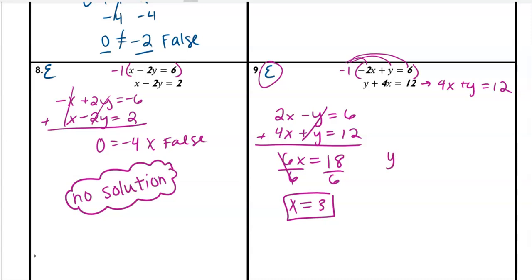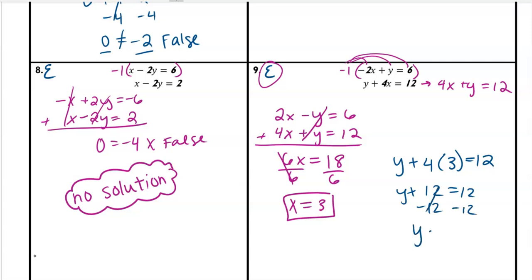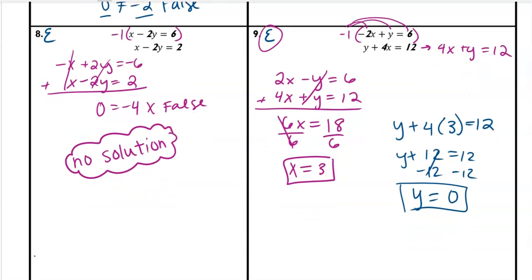We can say y plus 4 times 3 equals 12. 4 times 3 is 12. We would subtract the 12 over to solve for y, and y equals 0. So our coordinate point, our intersection point between these two lines, also our solution, is 3, 0.